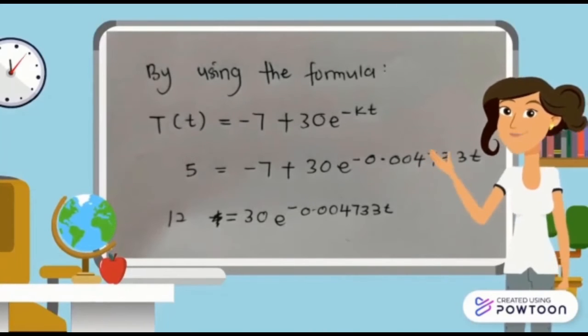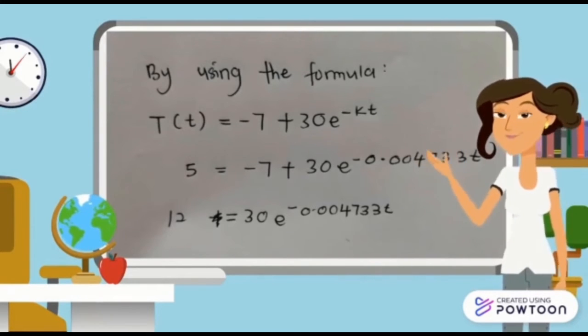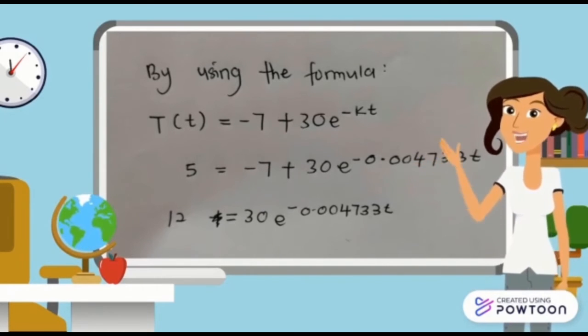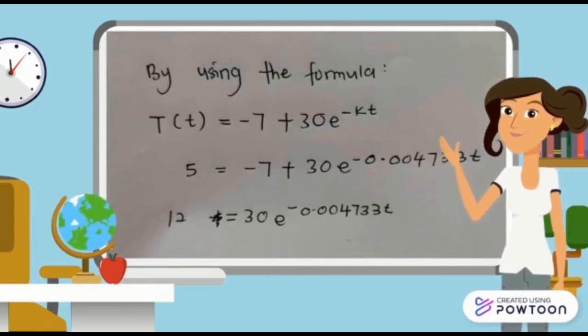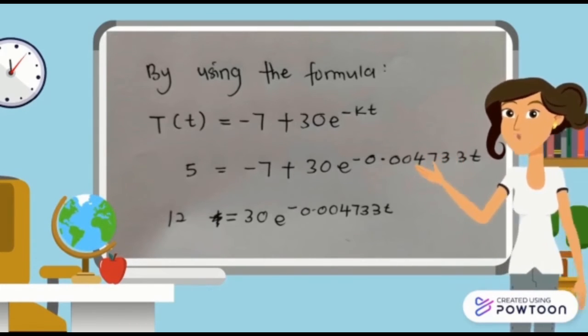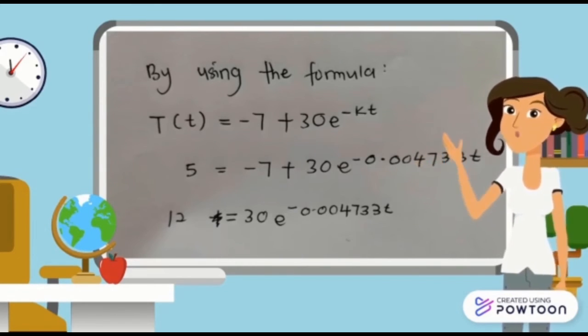By using the formula T(t) equals negative 7 plus 30 exponential to the power of negative kt, we will apply our given condition at T equal to 5 degrees Celsius. So we substitute this in: at T equal to 5, then 5 equals negative 7 plus 30 exponential to the power of negative 0.004733 t.